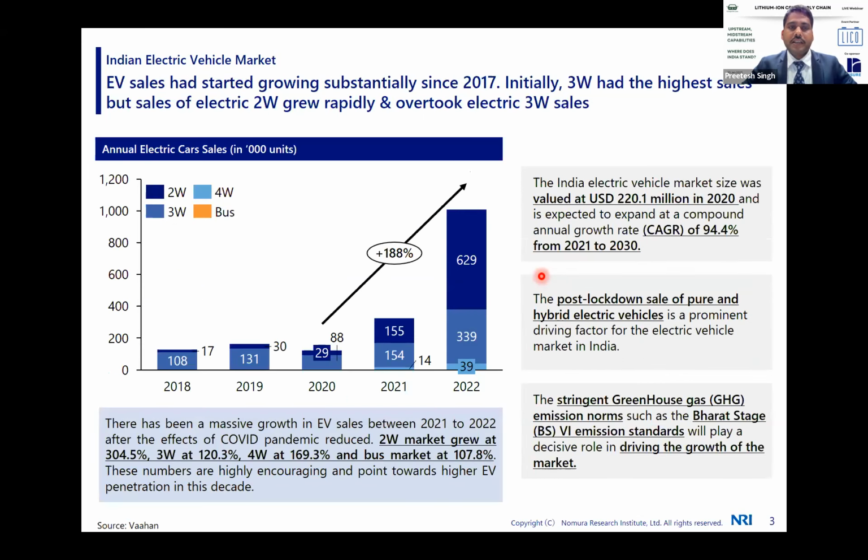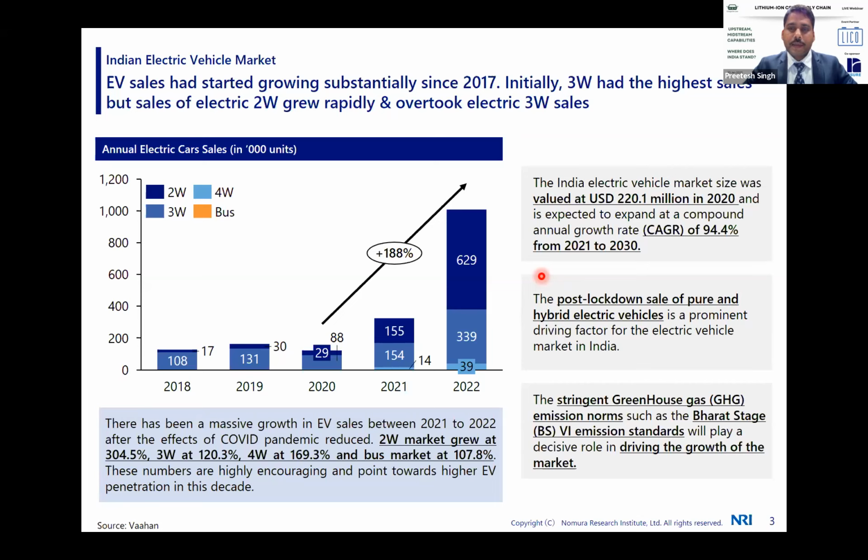So if you compare the numbers from 2018 to 2022, there has been a significant jump in the last 2 years. If you compare the number from 2020 to 2022, it has been growing with the CAGR of 188%, more than that. And if you just compare the last 2 years' numbers, it has grown more than 200%.